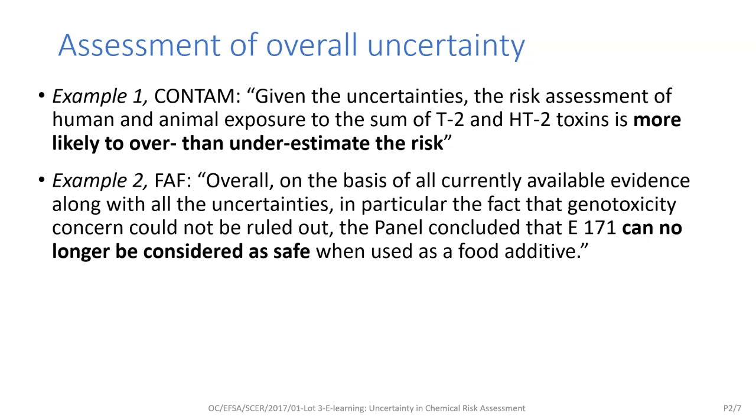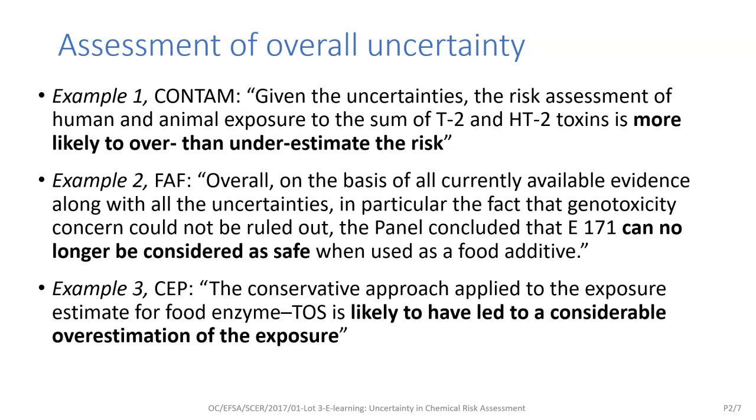The FAF panel concluded, overall, on the basis of all currently available evidence, along with all the uncertainties, the panel concluded that E171 can no longer be considered as safe when used as a food additive. And the SEP panel concluded that the conservative approach applied to the exposure estimate for food enzyme TOS is likely to have led to a considerable overestimation of the exposure.